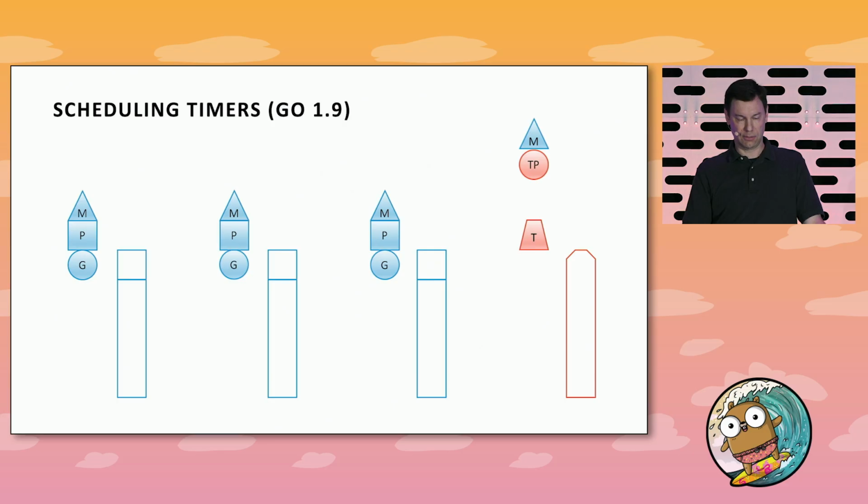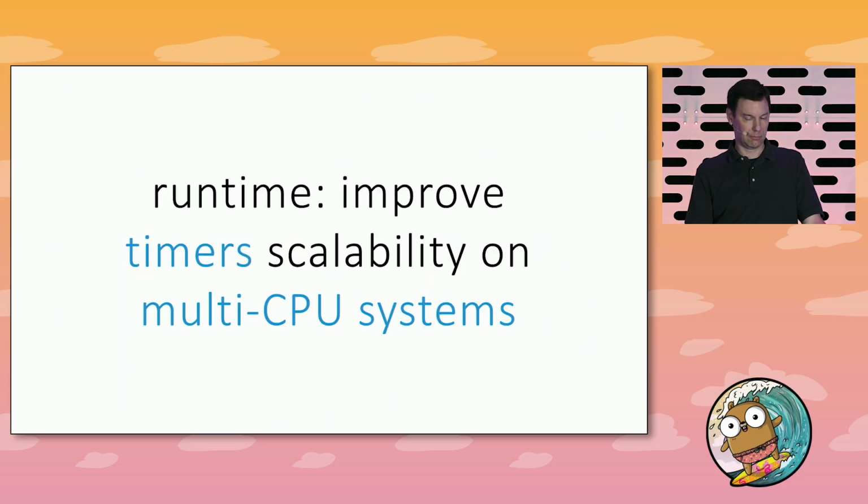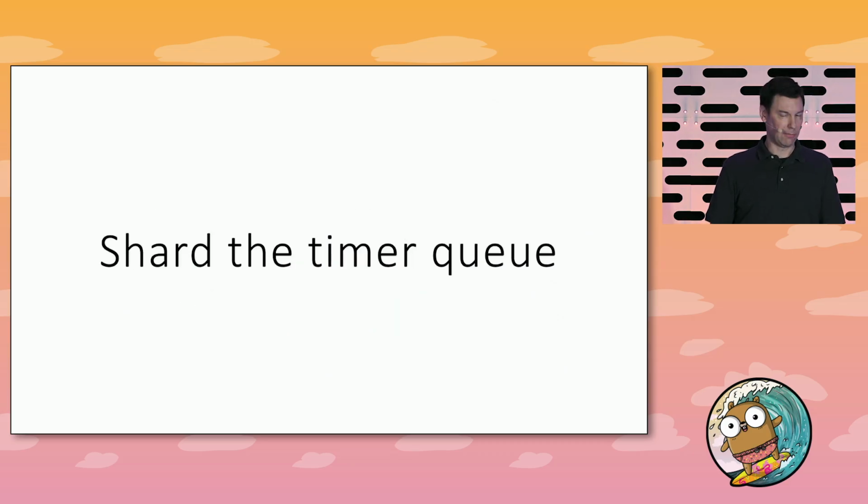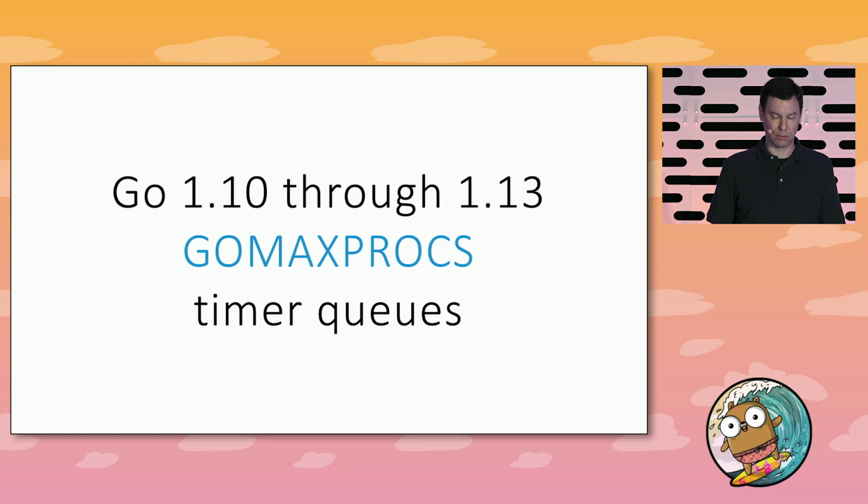So let's get back to this runtime commit that we found that seemed to impact our performance or maybe would help timers in some way. How did this help? What did they change in the runtime to make things more scalable? Well, they sharded the timer queue. Instead of having just one for the whole process, they created one timer proc for our timer queue proportional to GoMaxProcs.